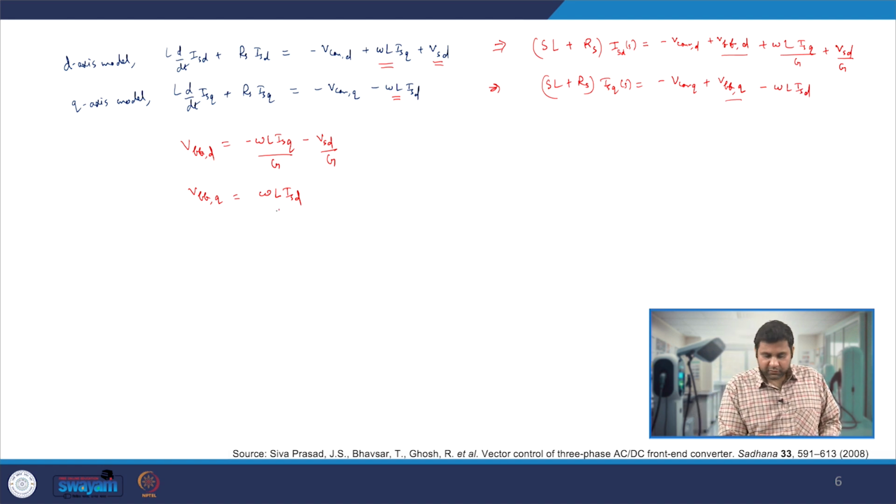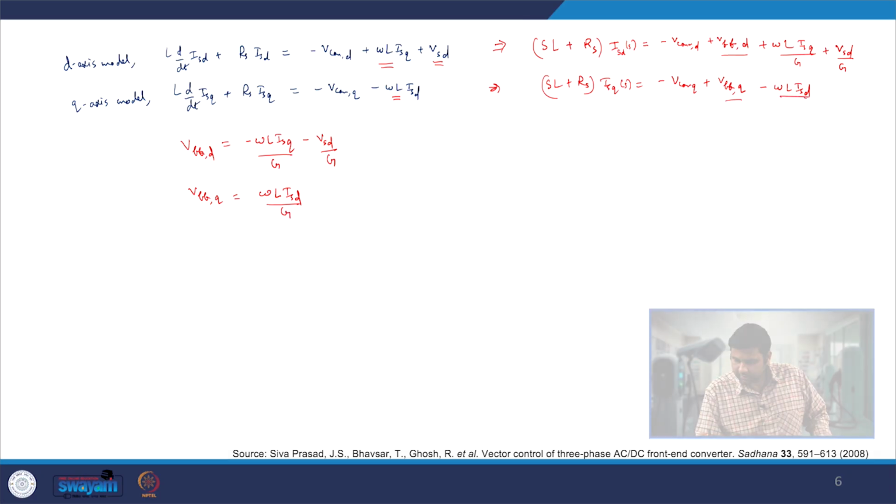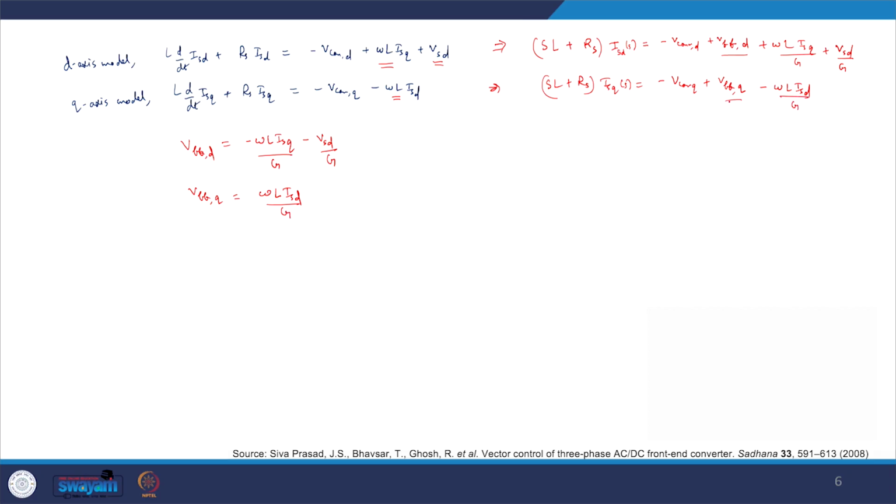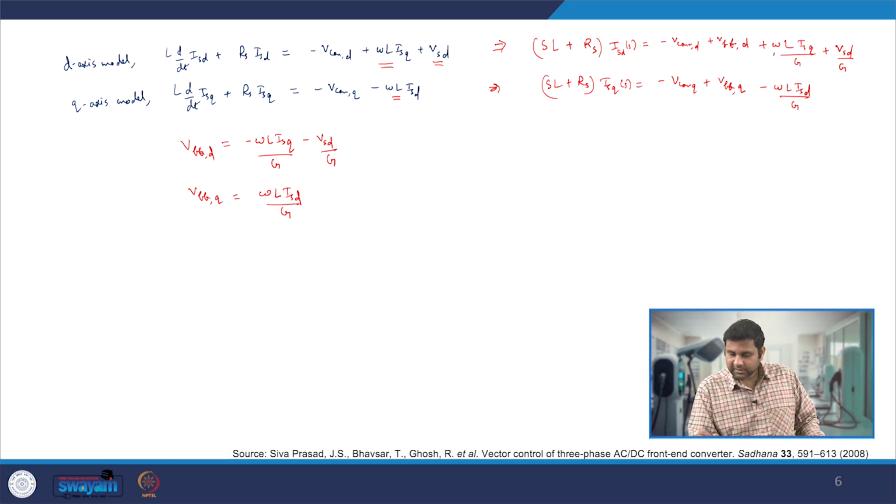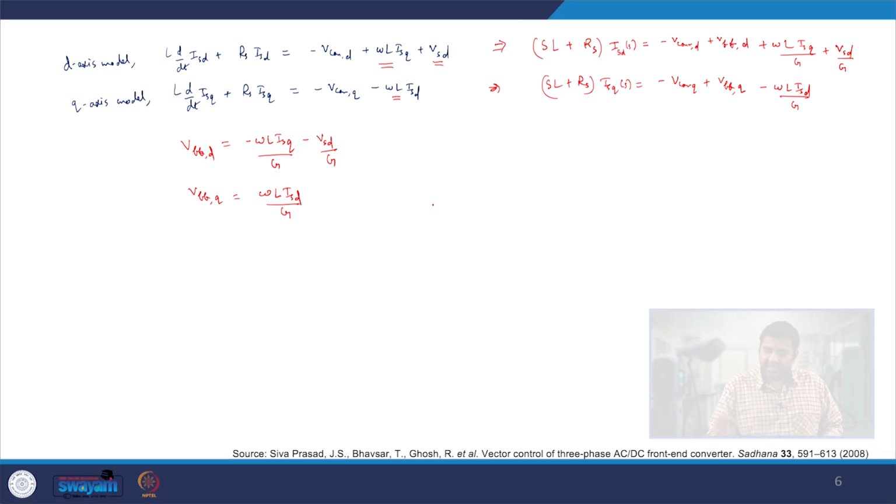When this feed forward term gets added, here also we have divided by G, and here also we have divided by G. This feed forward term will cancel out the effect of the cross coupling term, the ISQ term in the ISD model and the ISD term in the ISQ model, and it will also cancel out this VSD by G effect as well.